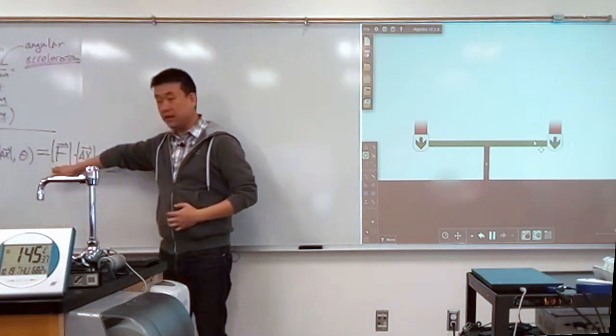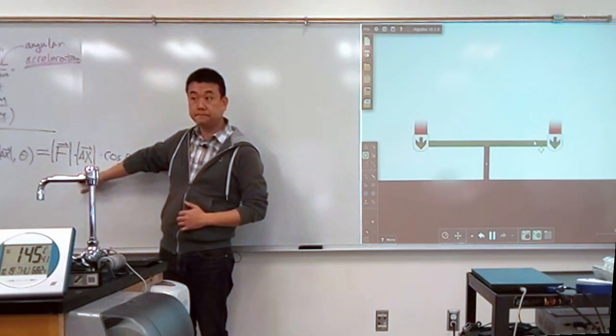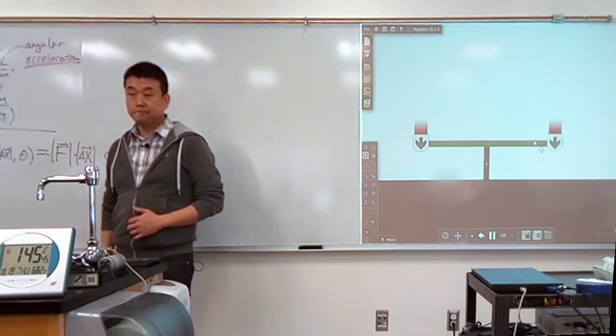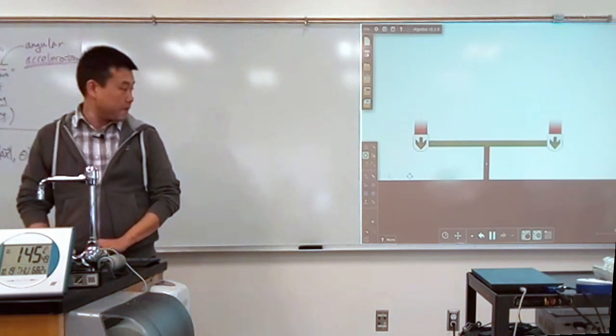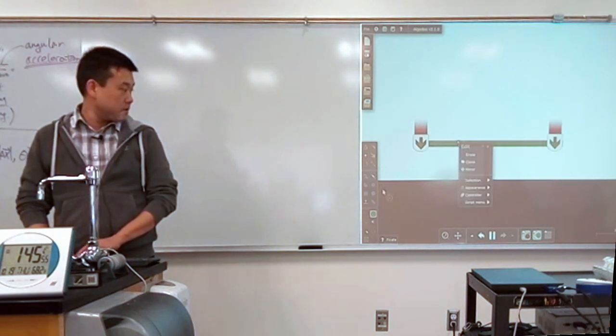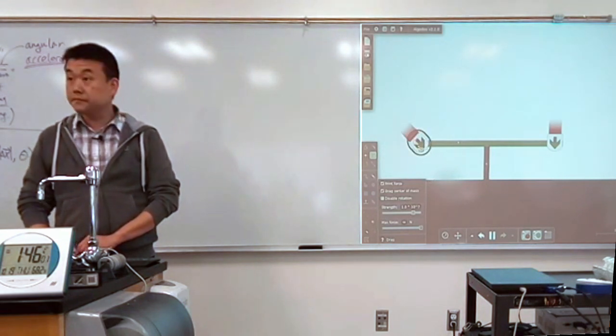So without changing the magnitude of the force or the magnitude of displacement, I can try changing the angle of the thrust. Let's give it a try. Let me fix it down so that it doesn't move while I'm doing that adjustment. And I will make this angle a little bit this way, 45 degrees.